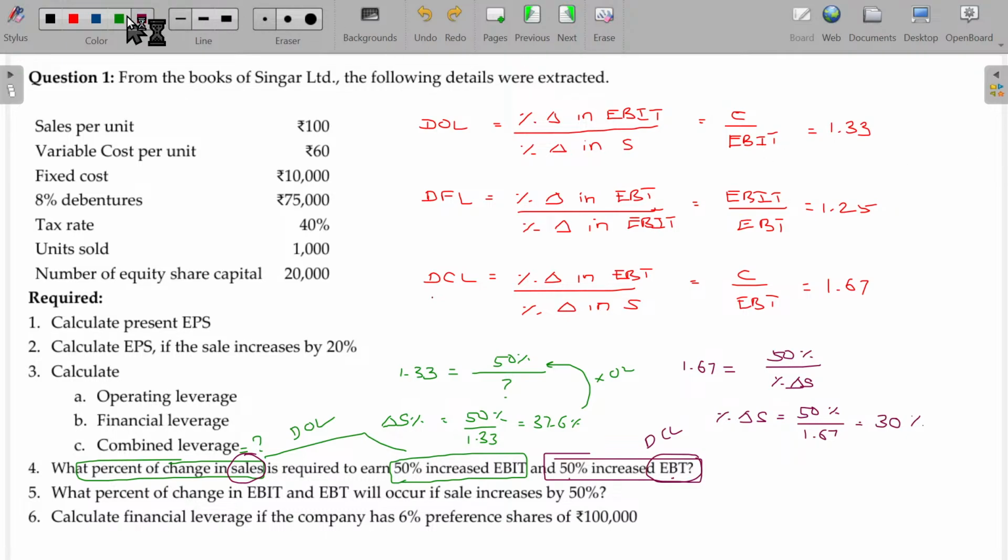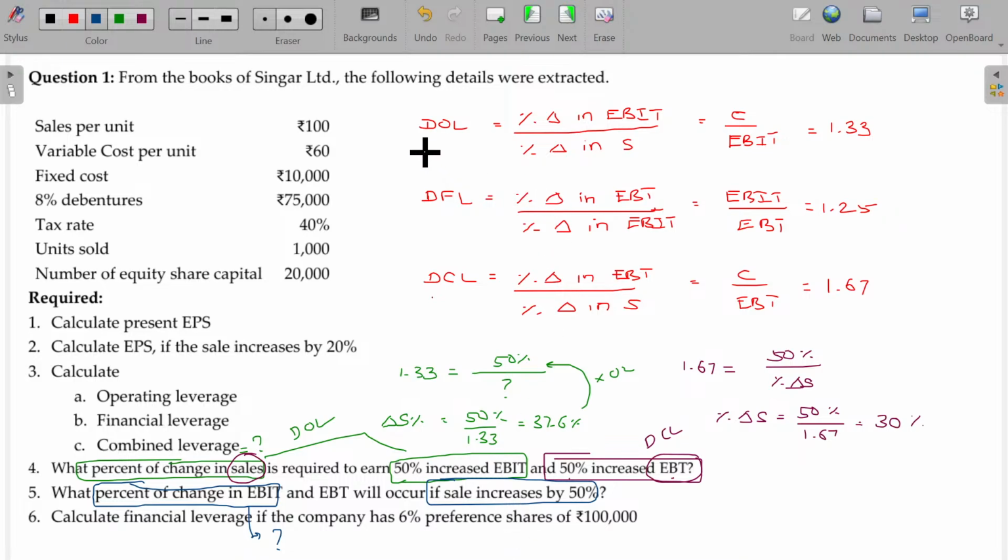Next one being, what percentage change in EBIT is required? This is about the requirement. If sales increases by 50%, sales change is given, but we have to calculate EBIT. Then the sales and EBIT connection will be found in where? Operating leverage.